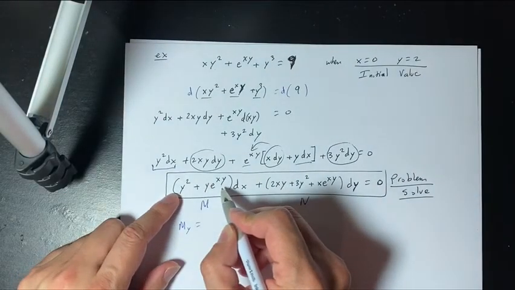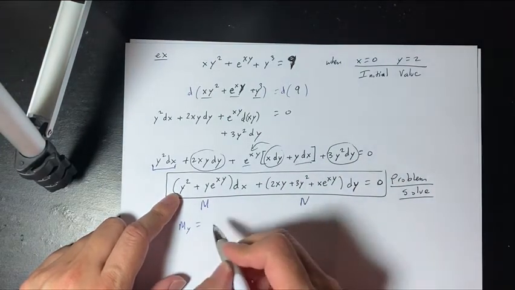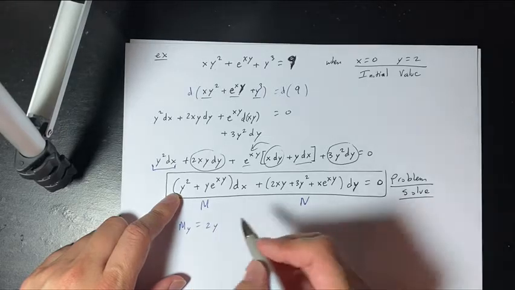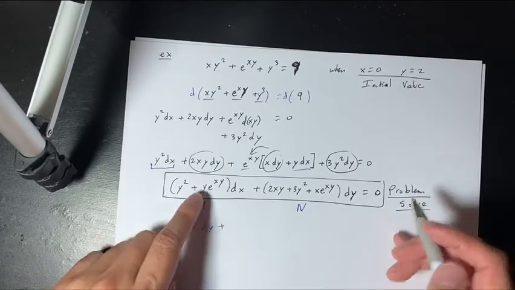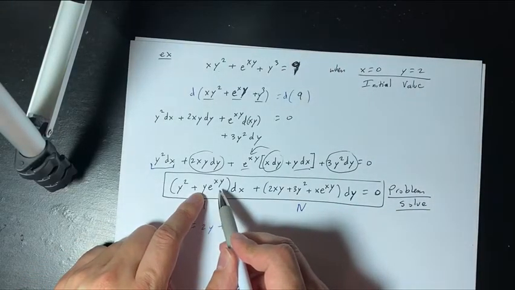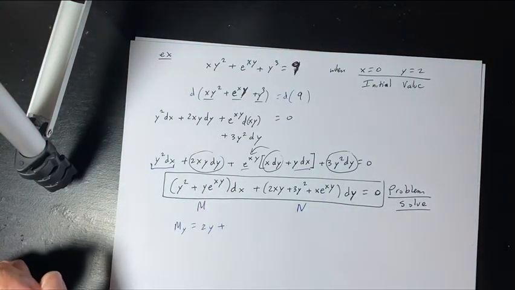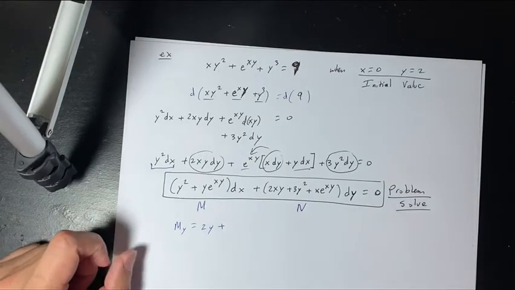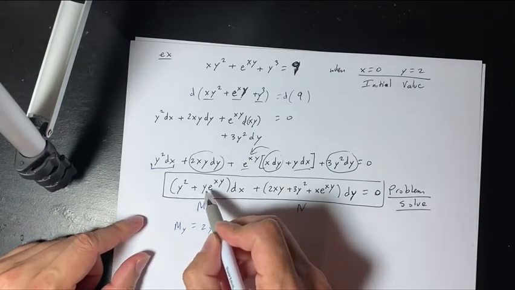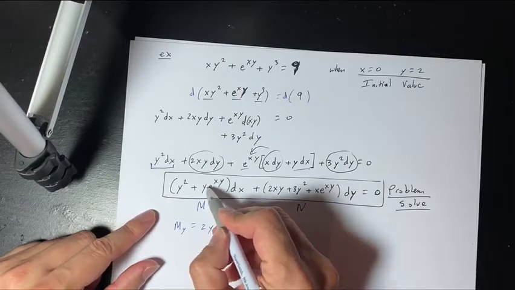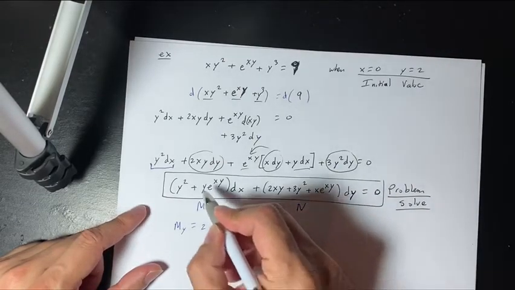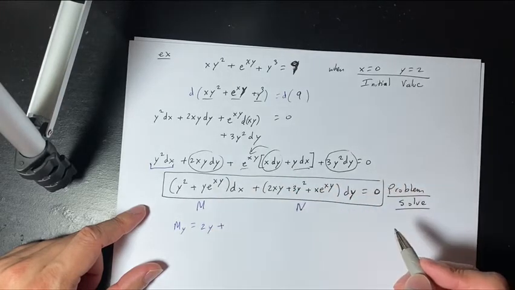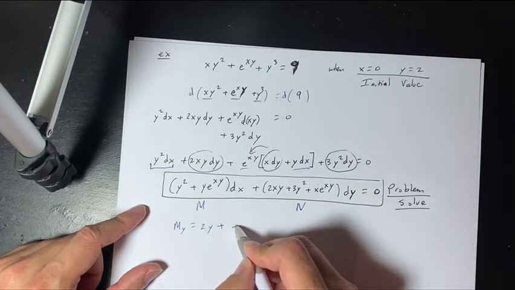All right, so I'm going to differentiate this with respect to y. I get 2y plus, and here I have to apply product rule. So I'm going to differentiate y, which will give me y, and keep the e to the xy.